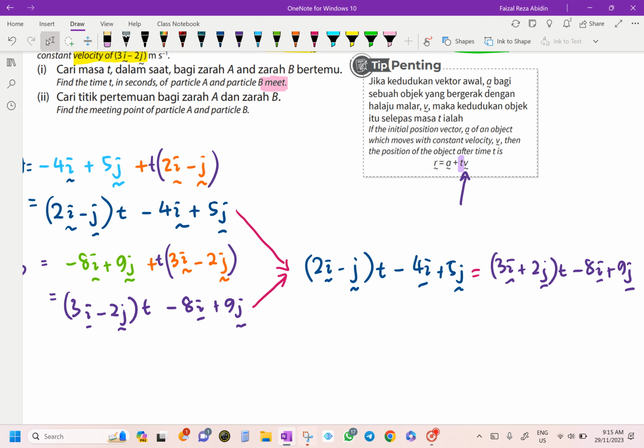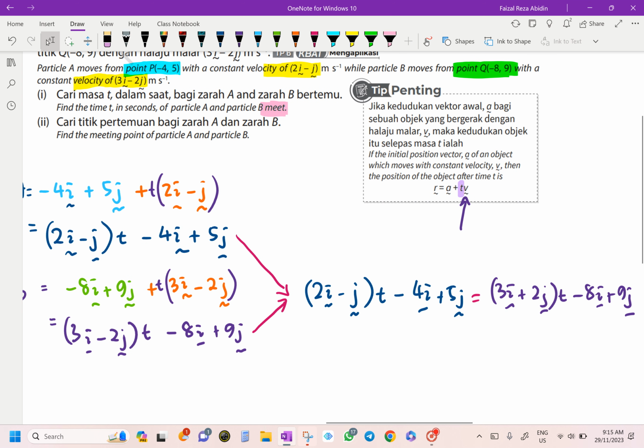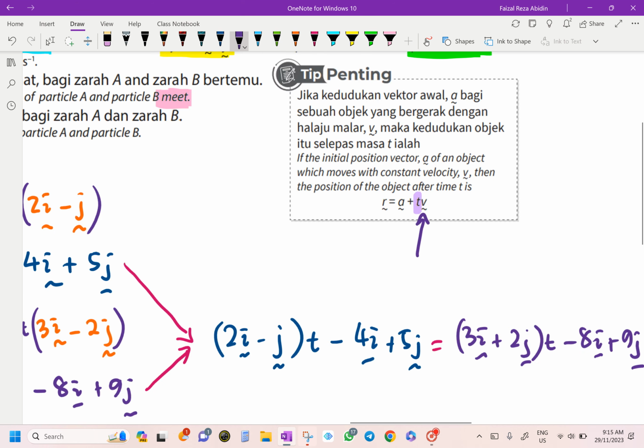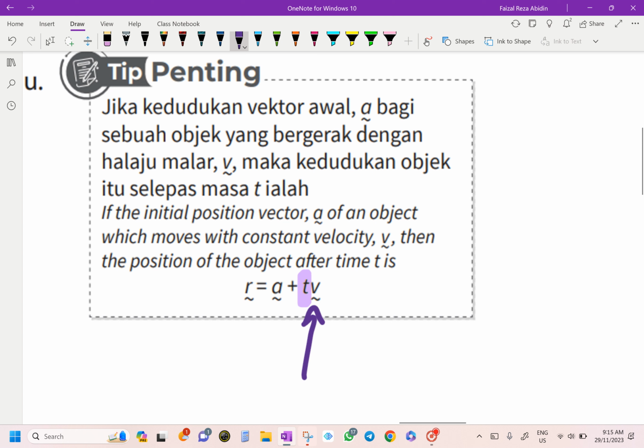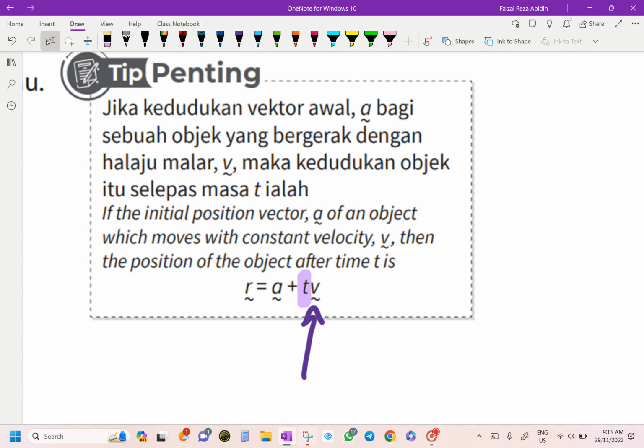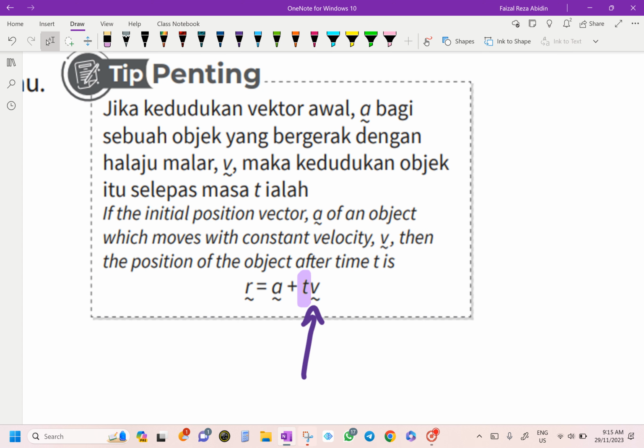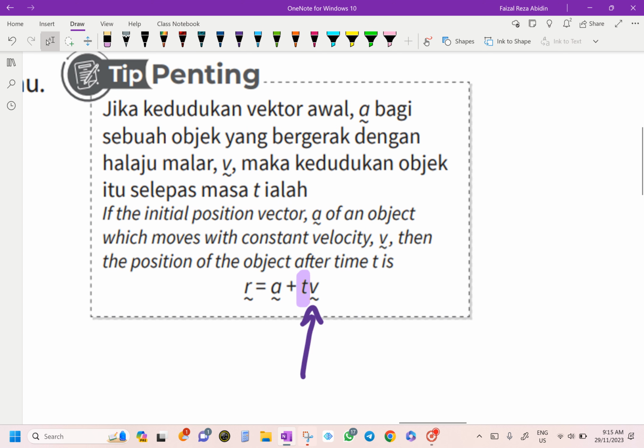A plus tv. tv is going to be the velocity. The velocity just now is 2i minus j and 3i plus 2j, right? So it says, look at this one: if the initial position vector a of an object which moves with constant velocity v, right?